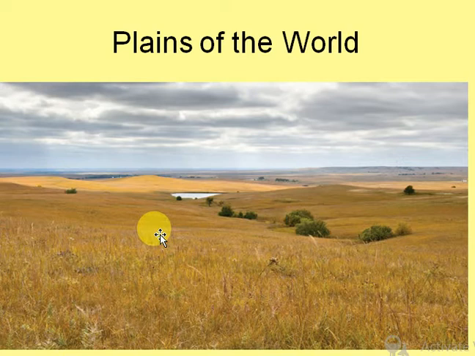Various plain areas throughout the world support good cultivation, because all these plain areas are very fertile, and we'll be discussing how they are fertile. A thick population is also found in these areas due to the fertility and the even surface. Plain areas also have a dense network of road and railway networks.